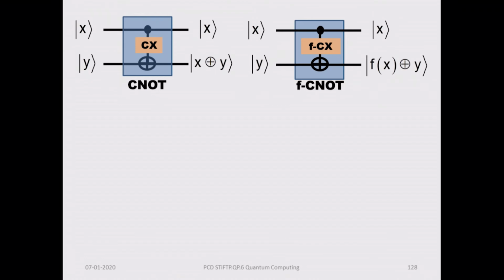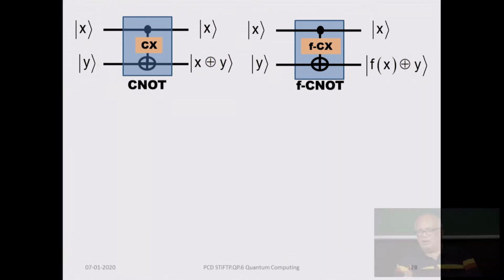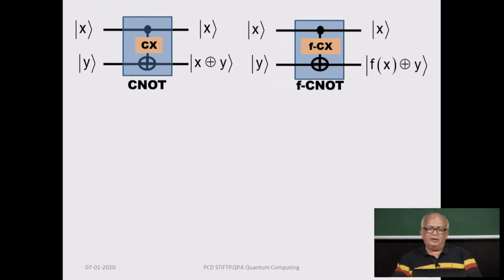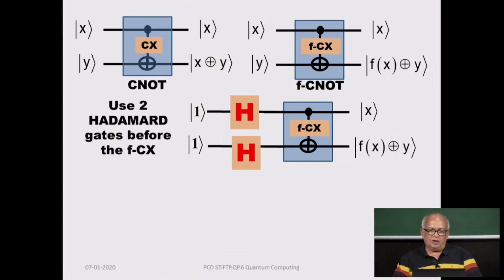So, what will come out will be the XOR operation result of f(x) XOR y. Got it? That is the result that will come out, because you are using a function control NOT.